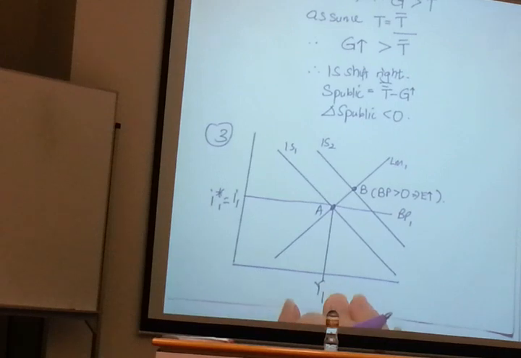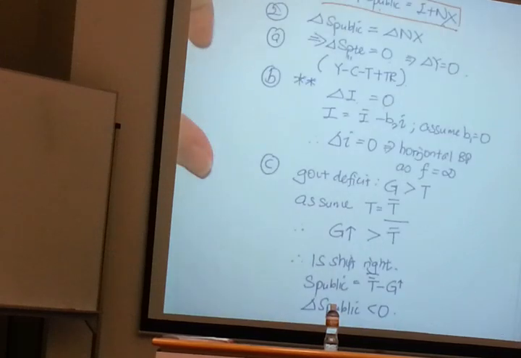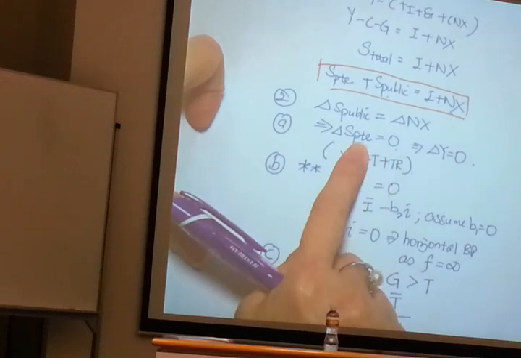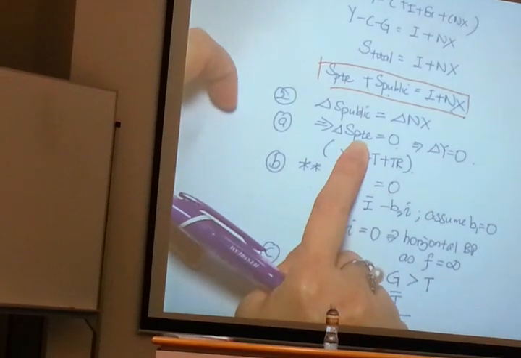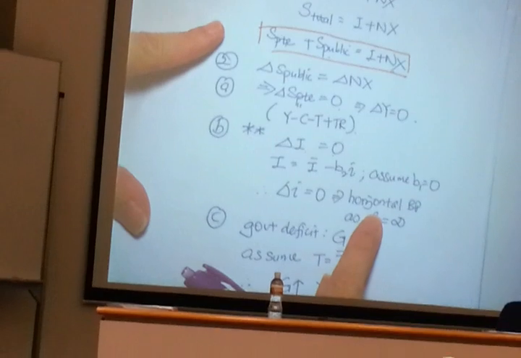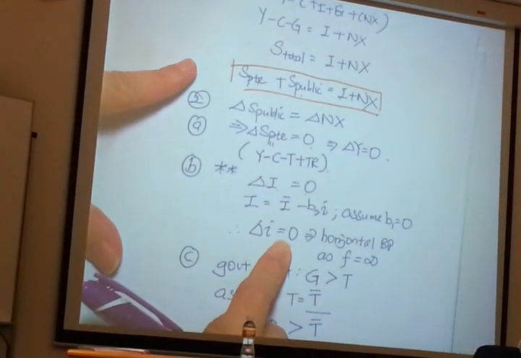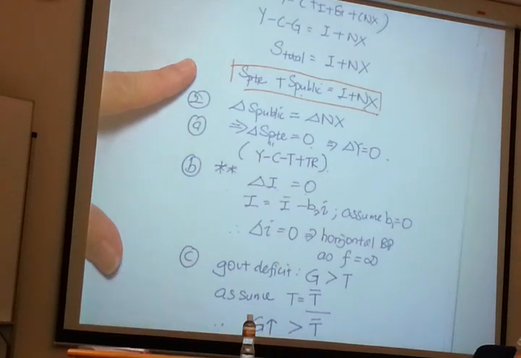You wanted an answer that change in income to be 0, so that S private change can be 0. You also wanted an answer that interest rate cannot change, because you want change in investment to be 0.